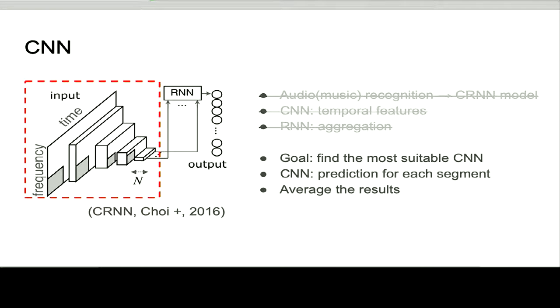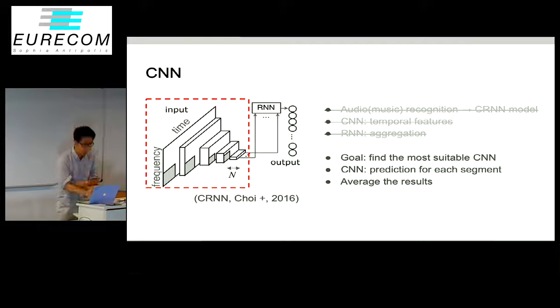But our team has not enough time to design the RNN model, so we only use the CNN. For this task, our goal is to find the most suitable CNN, and we use the CNN to predict for each audio segment, and then we average the results.